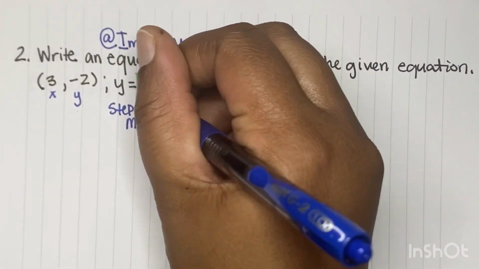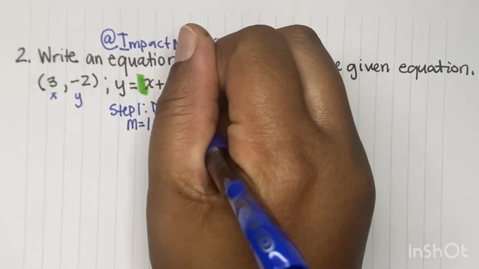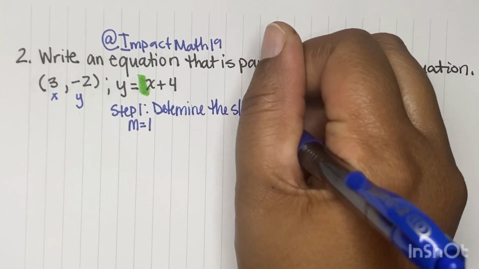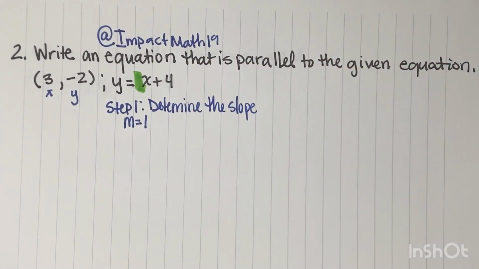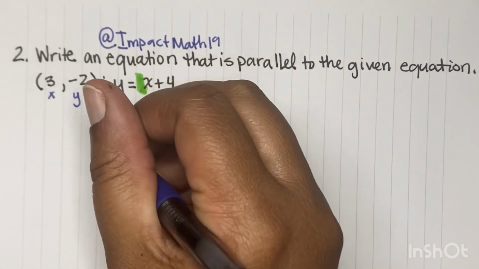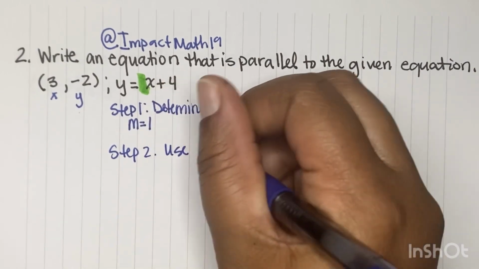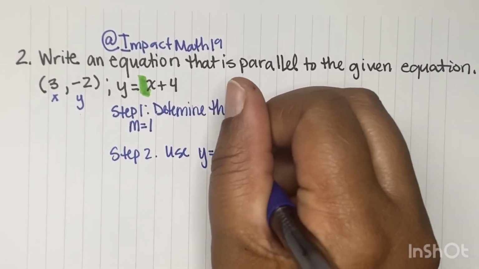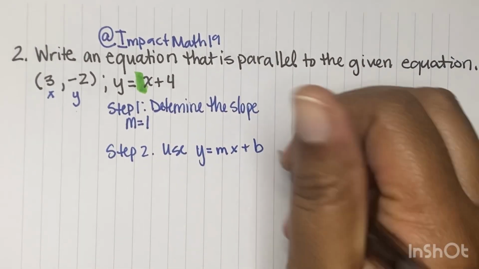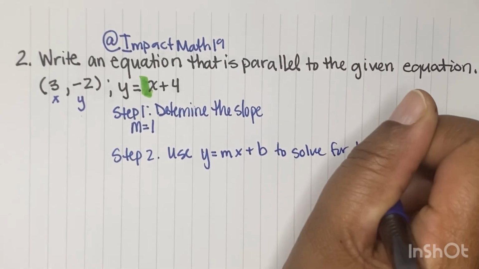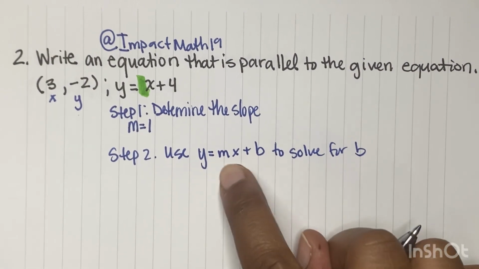So that's our step 1, to determine the slope, okay? Or I should say identify the slope. So our slope here is 1. Now, our step 2, we're going to use y equals mx plus b to solve for the y-intercept for our new equation.